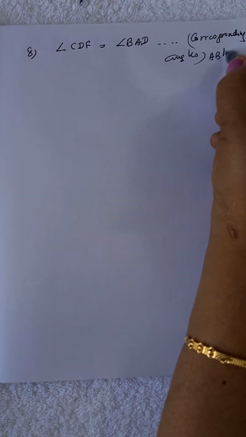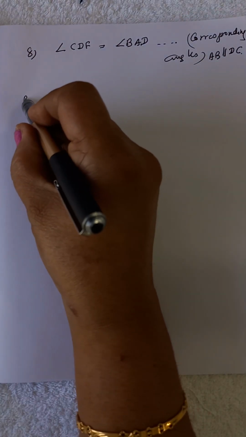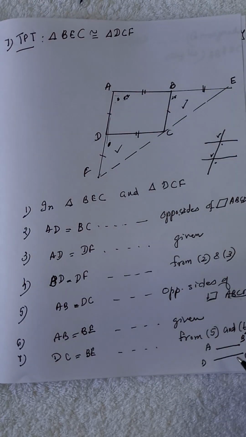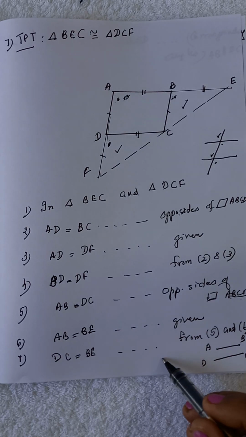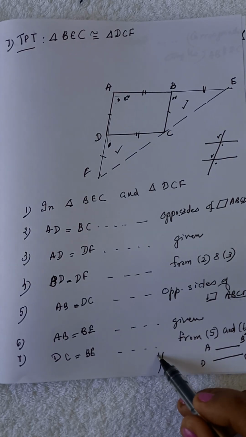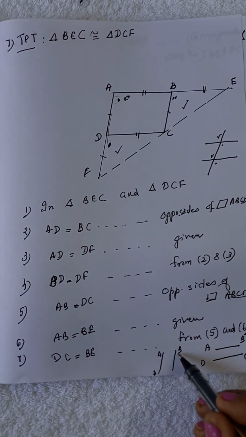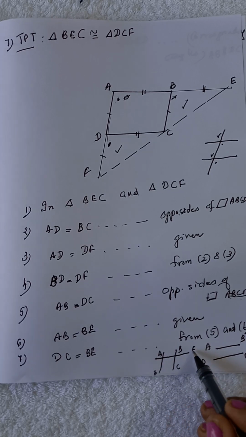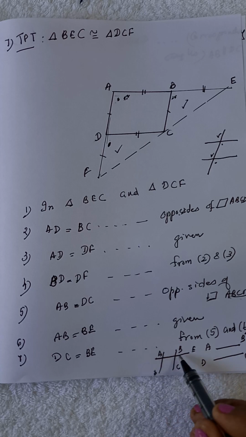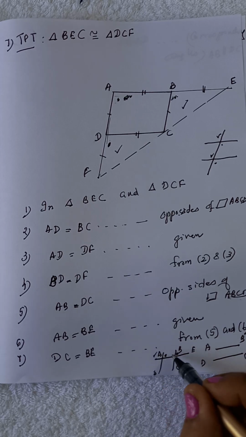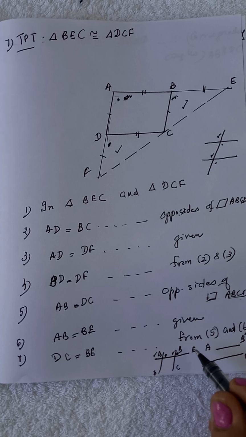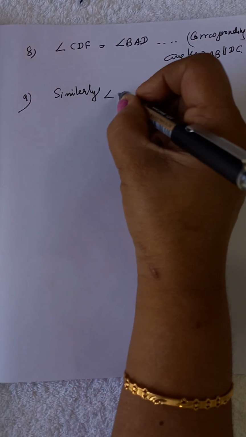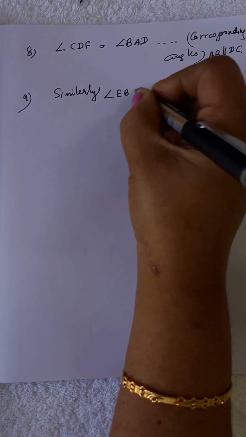Corresponding angles. Ninth point. Now what about angles EBC and BAD? Here we are taking AD and BC as parallel lines and ABE as the transversal. Then these two angles will be corresponding angles. So we can write the ninth point as, similarly, angle EBC is equal to angle BAD.